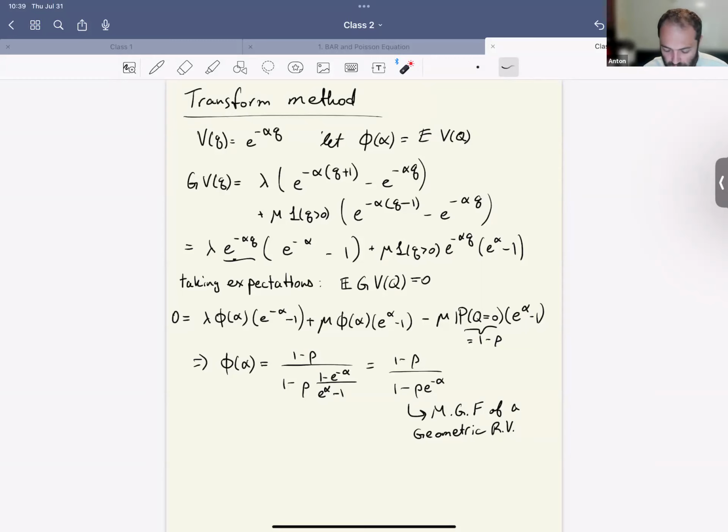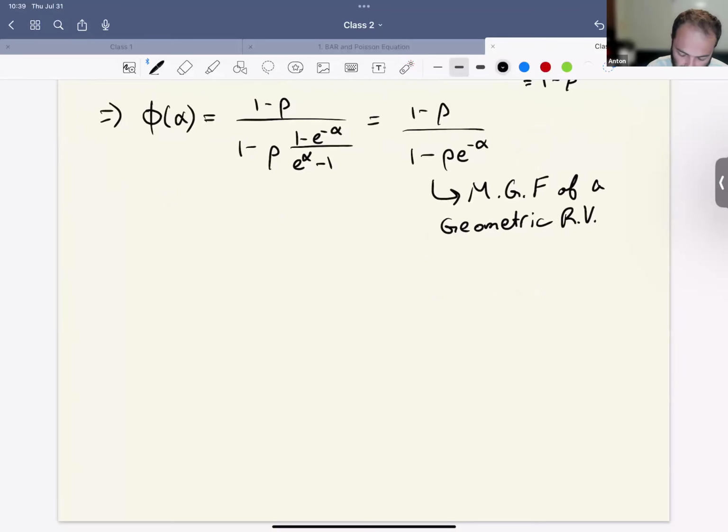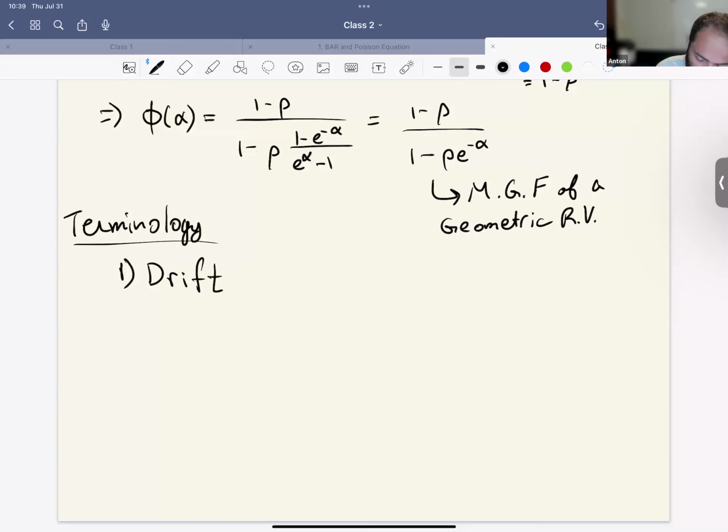Okay, now a little bit about terminology. If you're somewhat aware of the literature on, let's say, steady state diffusion approximations, you've probably heard of the following. So this is terminology, and this is important to just get it correct in people's heads.